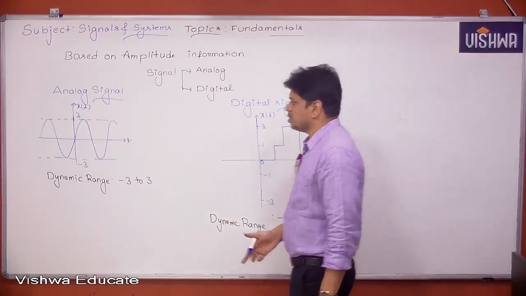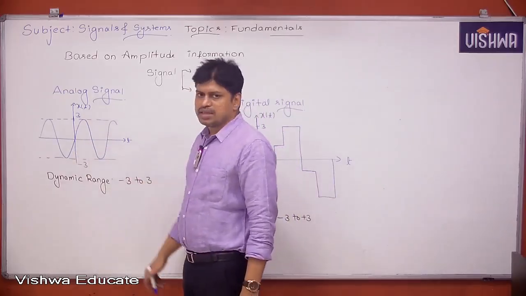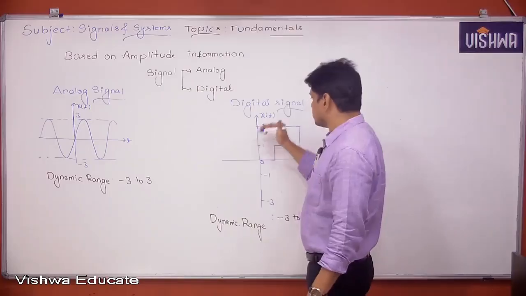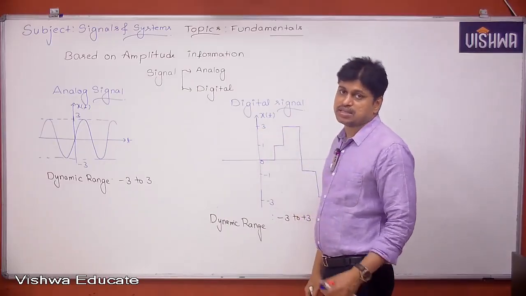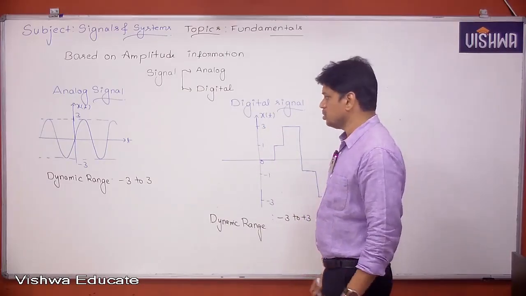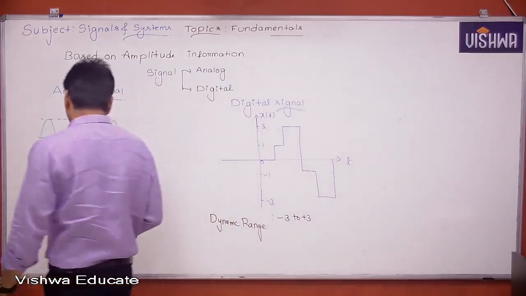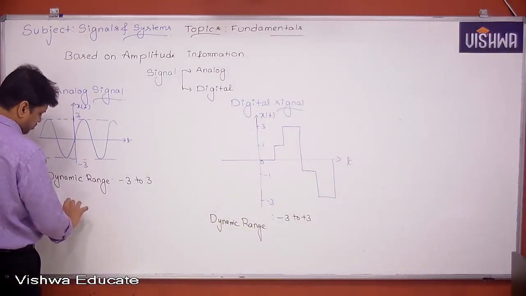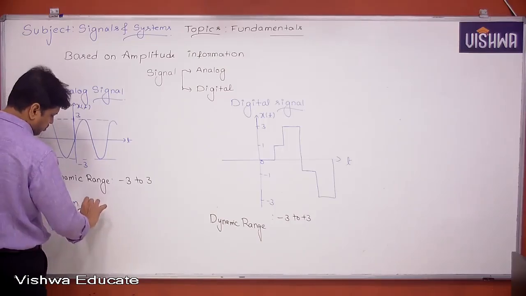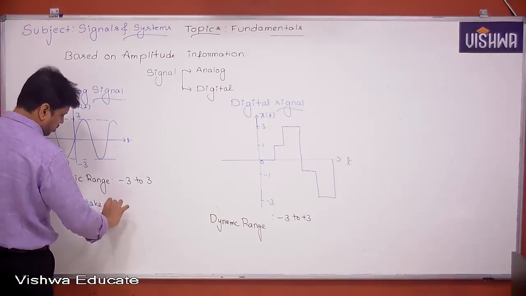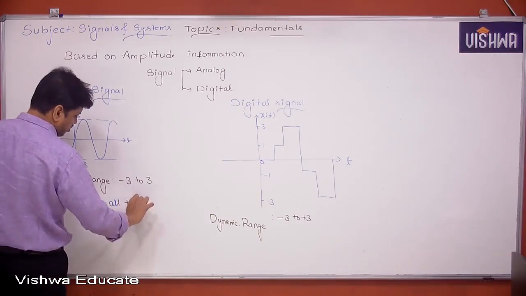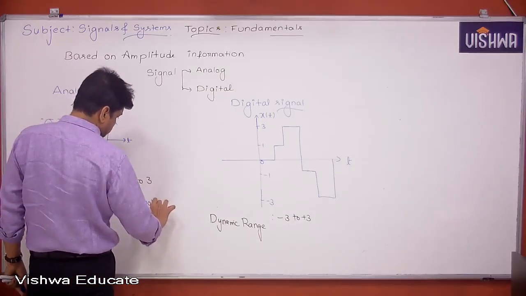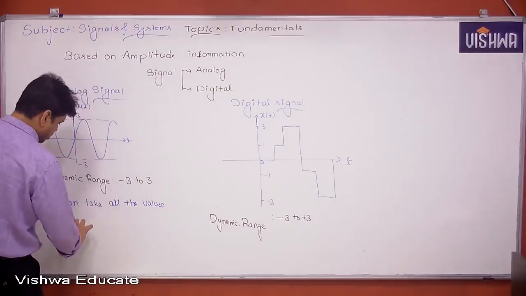So continuous in amplitude is an analog signal. Discrete in amplitude is called a digital signal. I hope you understood. An analog signal can take all the values or all the amplitudes within the dynamic range.